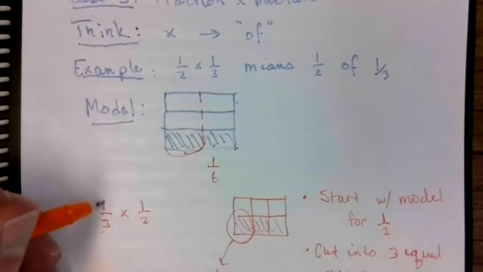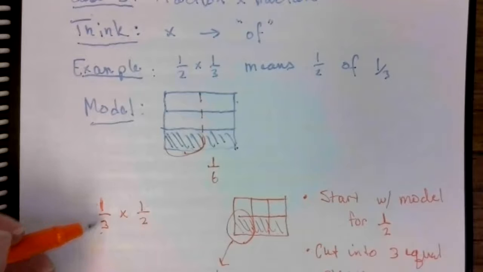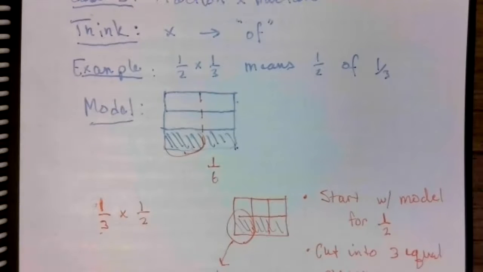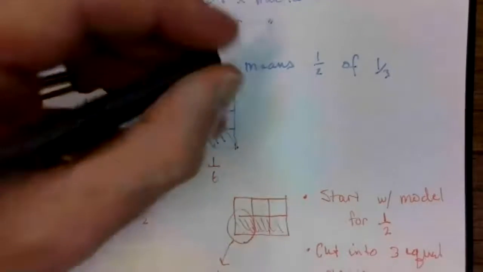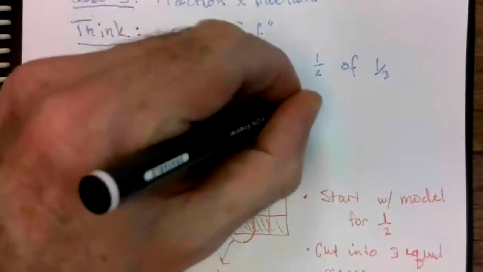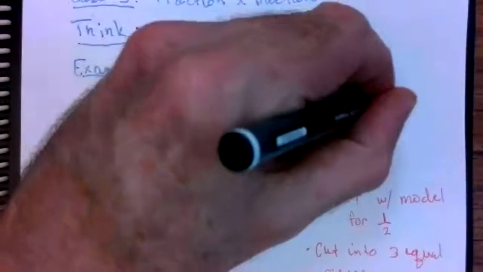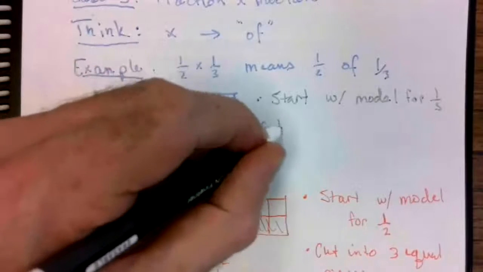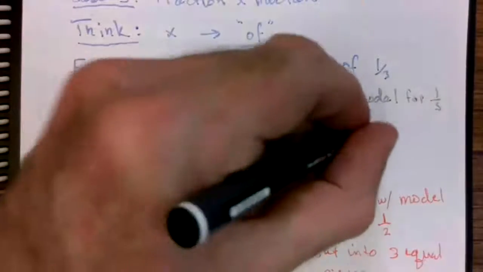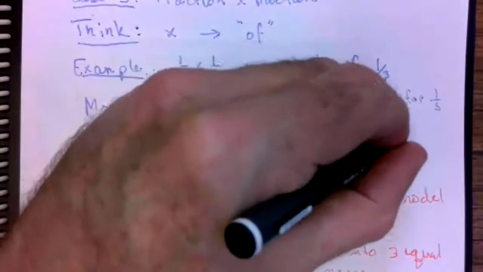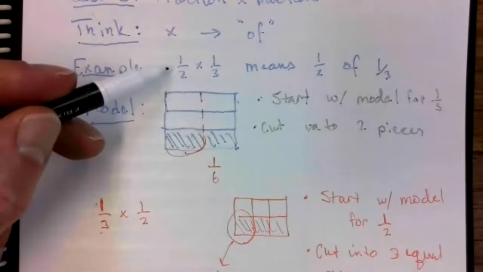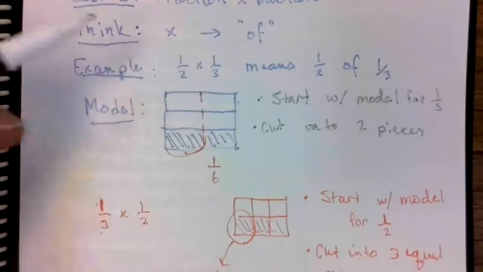Now, the reason I'm taking 1 here, of course, is because it's 1/3 of this piece over here. Okay, so in the other case, what I did was I started with a model for 1/3, and I cut that into 2 pieces. Okay, start with this, and this tells you how many pieces you're going to cut that picture into.